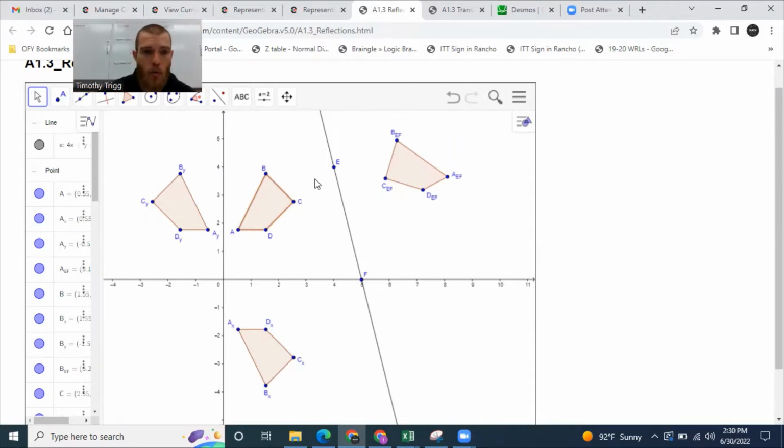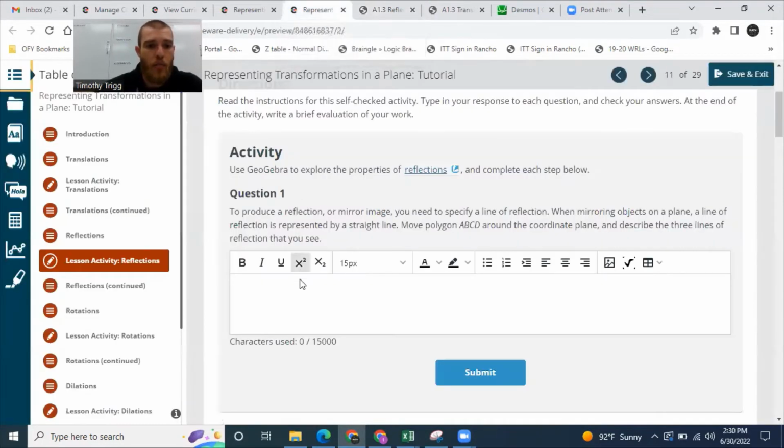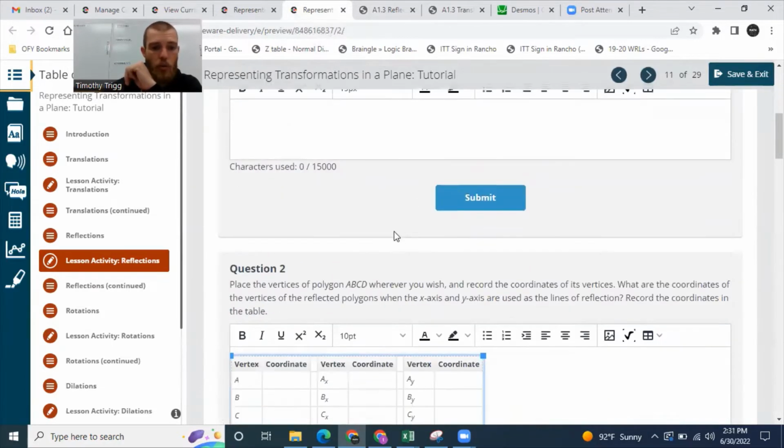In other words, the distance from B to the line of reflection is the same as B prime to the line of reflection. So what are the 3 lines of reflection I just described? There was the y-axis, the x-axis, and then line EF. So that's what you want to say there for question 1.